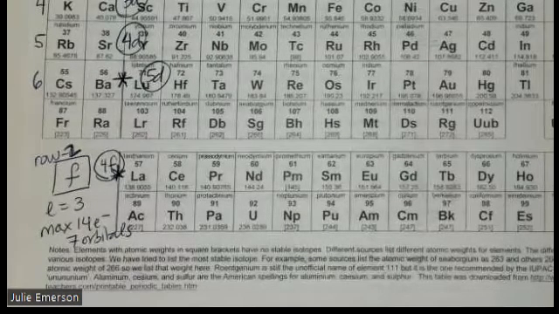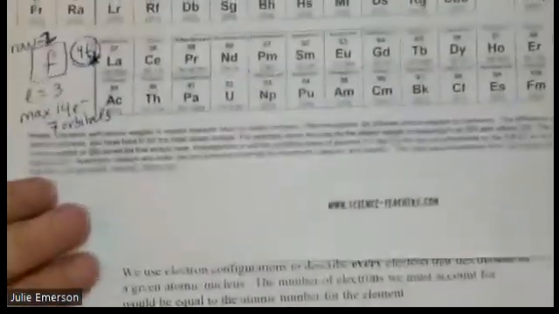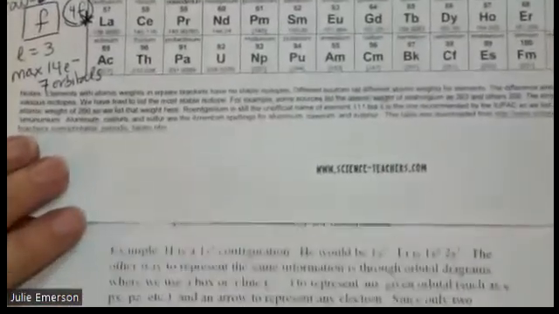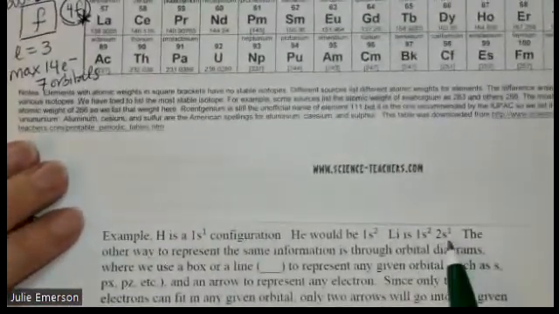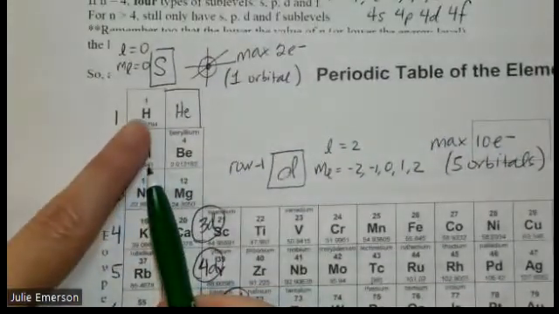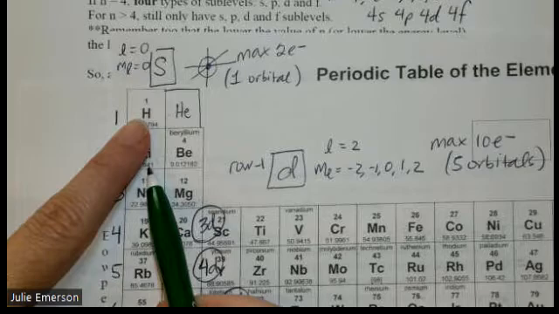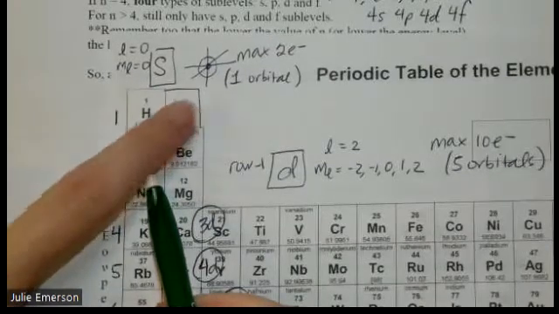If I go to the next page on the notes, in the next paragraph, we had hydrogen 1s1, helium 1s2. If we look at lithium, we always start with 1s because that's where the first electrons always go, closest to the nucleus. 1s fills at 2.